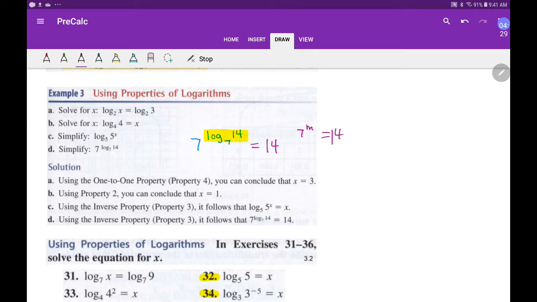I don't even have to know what the exponent is. It's not 2, that'd be 49. It's not 1, that'd be 7. It's something between 1 and 2, but I don't care.